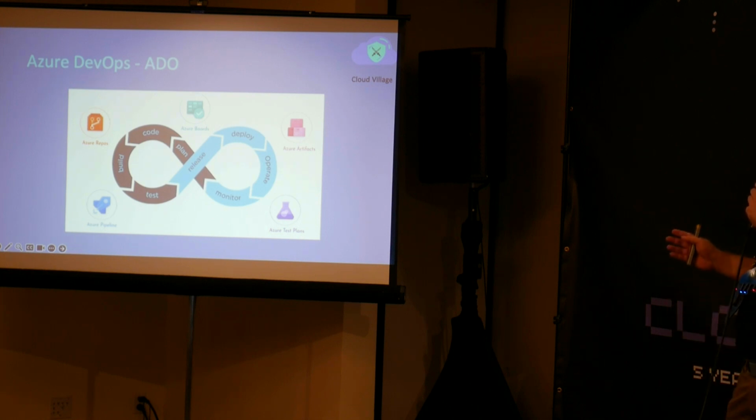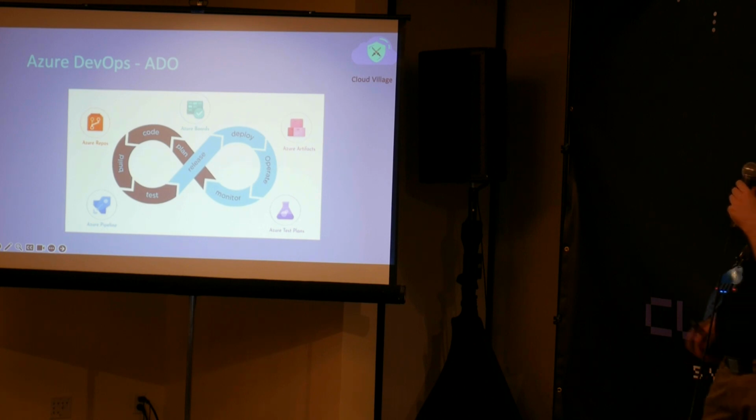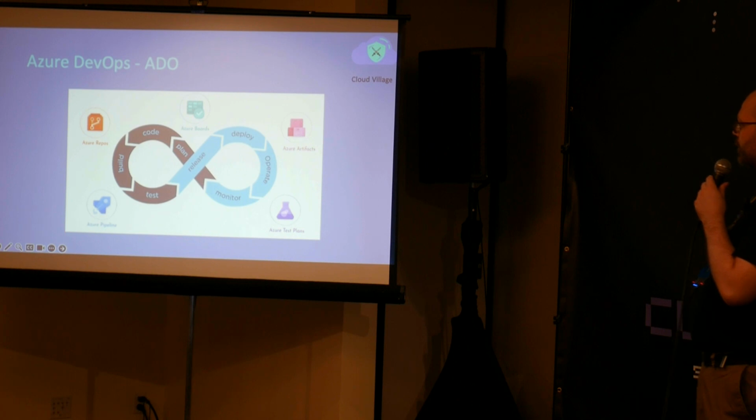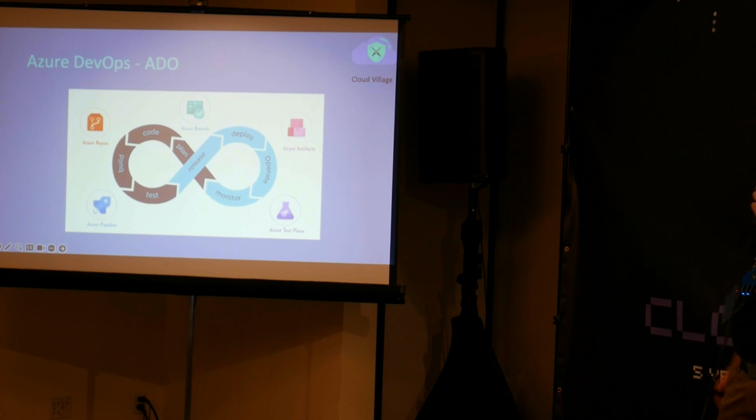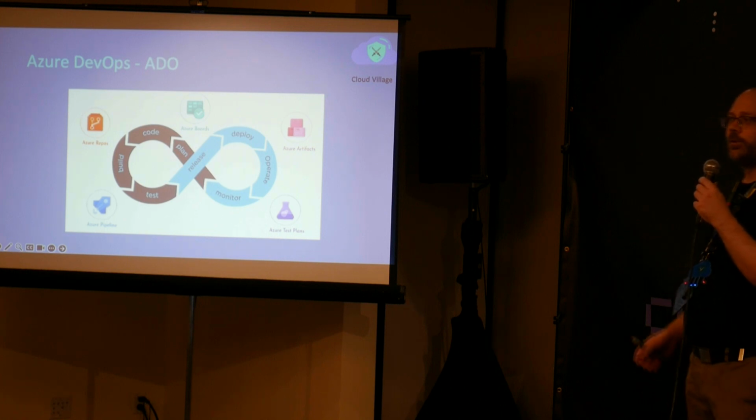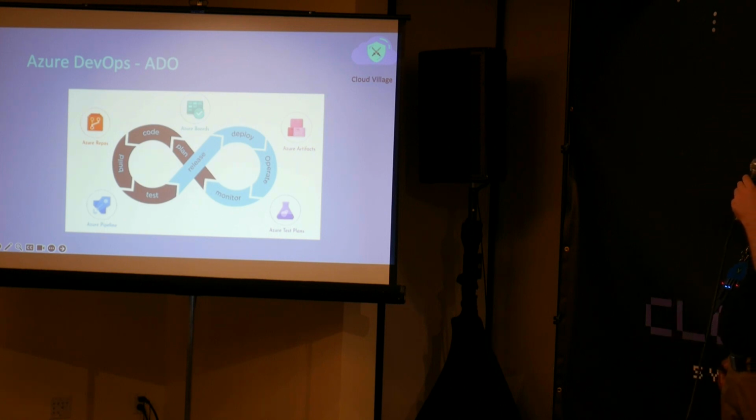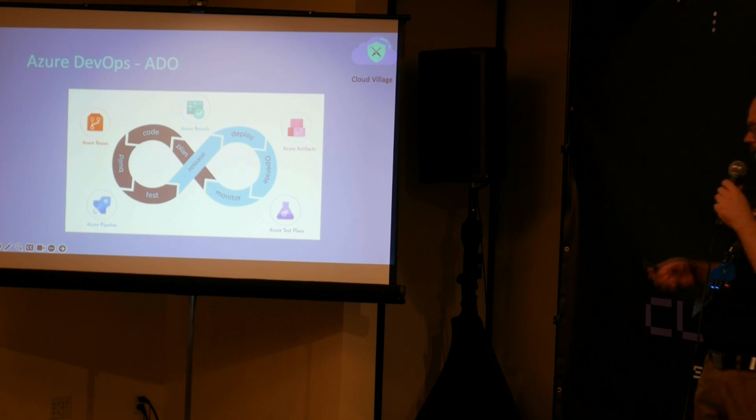You have something called Azure Boards, where you can create the work items, bugs, or sprints, and so on. You have something called Azure Artifacts. When you build your software, you basically create an artifact, or you want to use third-party libraries that will fall into these artifacts as well. And one more thing is Azure Test Plans. That's where you can create and manage your test plans.